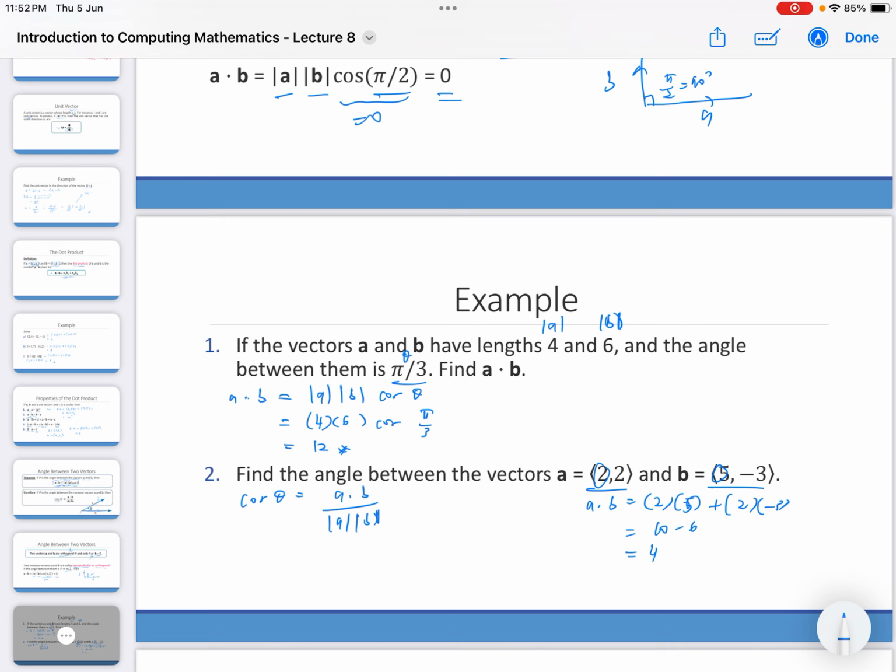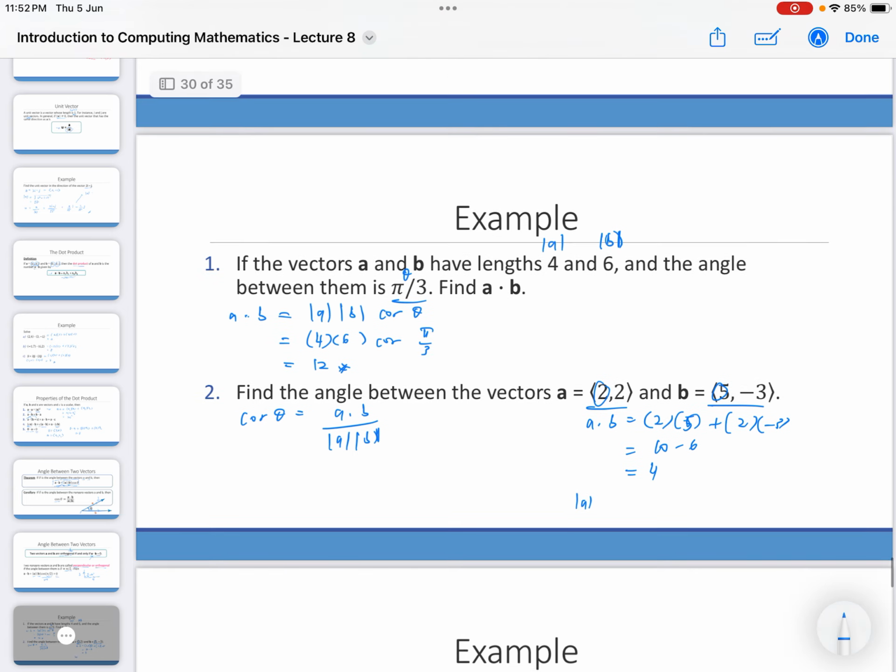And then we can find the magnitude of A and magnitude of B. So magnitude of A equals square root of 2 squared plus 2 squared, which is square root of 8. And then magnitude of B equals square root of 5 squared plus negative 3 squared, which equals square root of 34.